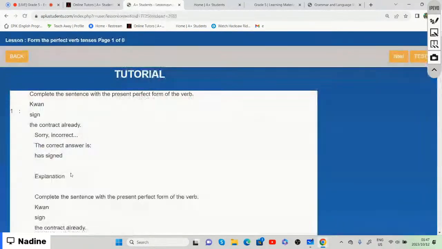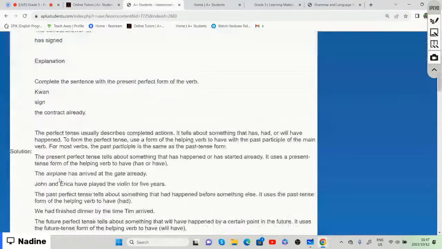All right, so we said that the present perfect tense usually describes a completed action, and it tells us about something that has, had, or will have happened. To form the perfect tense, we need to use a form of the helping verb to have with the past participle of the main verb.